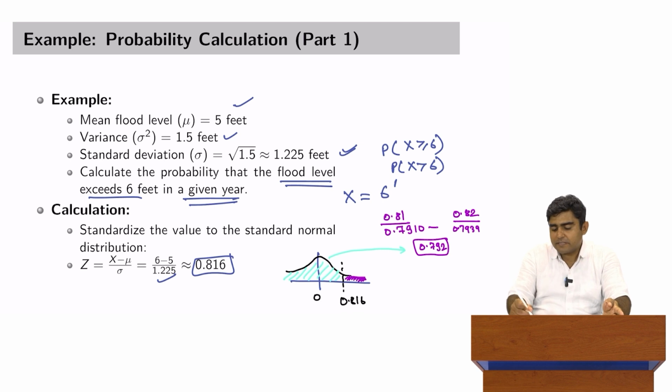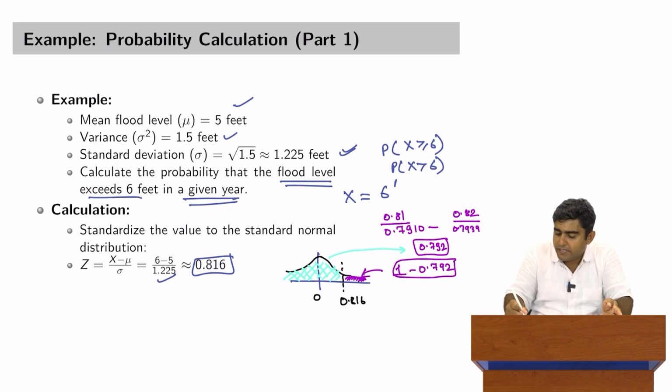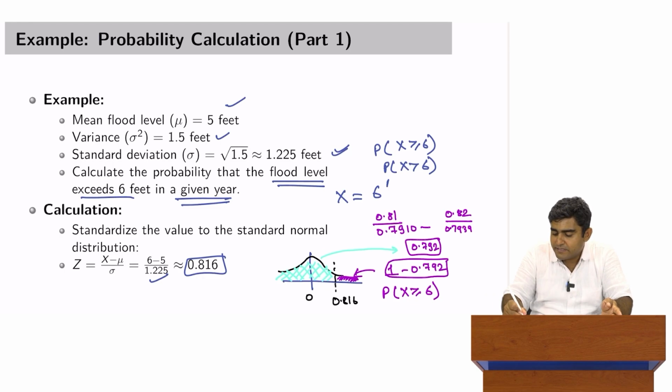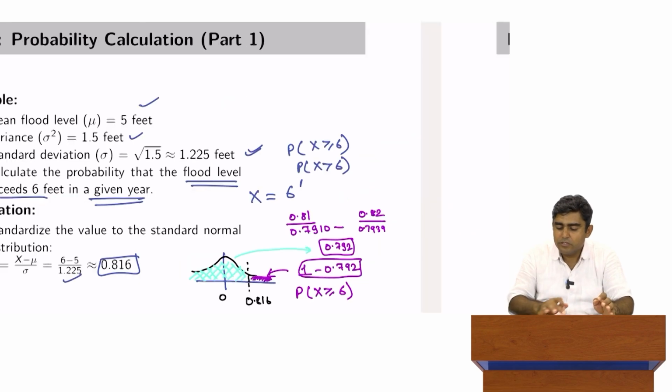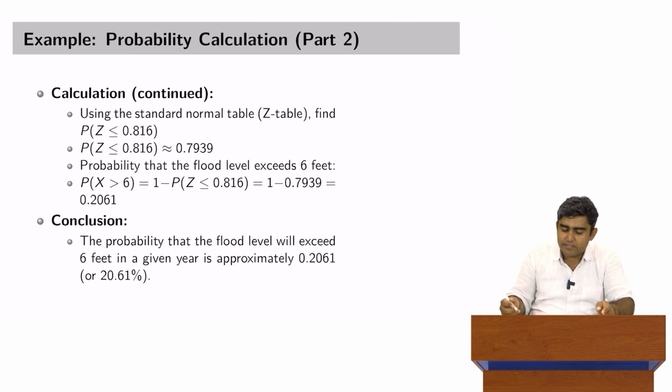If I know this particular area that I just hatched, I can easily deduce that the purple area is going to be 1 minus 0.792, and that indeed is my probability of X greater than or equal to 6, which is analogous to the probability of Z greater than or equal to 0.816.